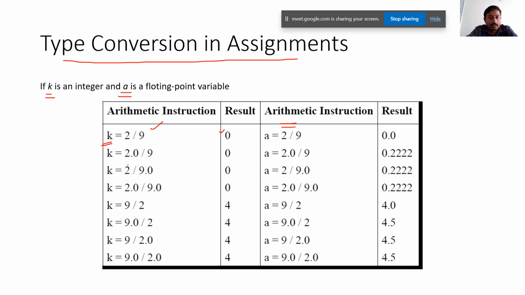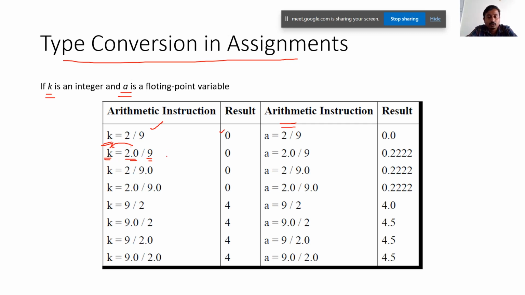Here we have a floating point and an integer number, so 9 will be promoted to 9.0, so it will be 2.0 divided by 9.0. We will get some fractional result, but as k is integer, during that assignment the fractional part will be lost.